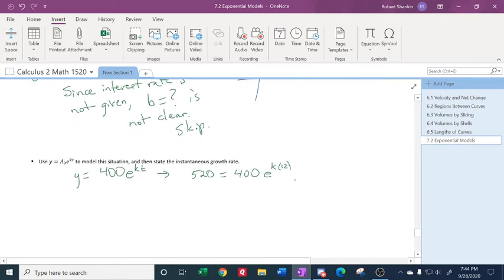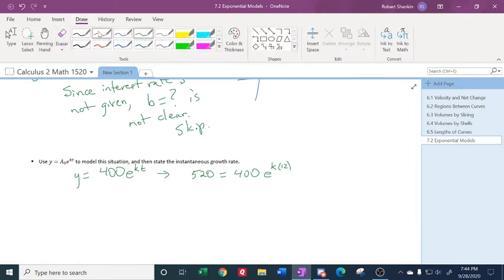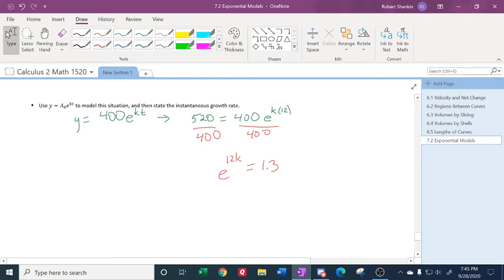So then we'll divide both sides by 400. e to the 12k is equal to 520 divided by 400, which is 1.3. So then I take the ln of both sides.